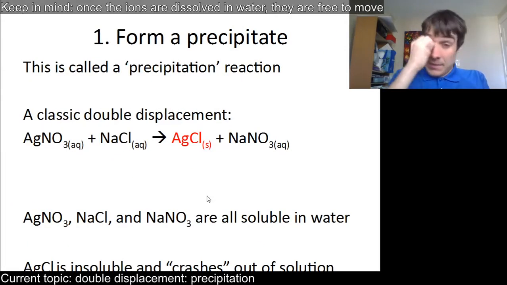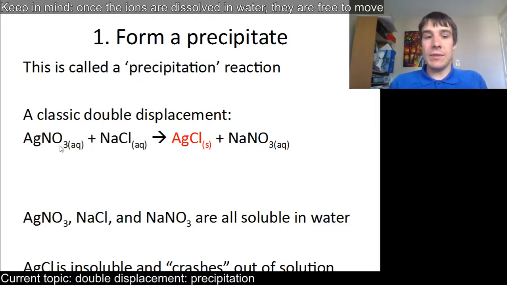So first off, precipitation. This is called a precipitation reaction. What we're making is a solid, something solid. So what you do here is you can mix silver nitrate, which is silver and nitrate are both soluble in water, and sodium chloride, which is clearly soluble in water.